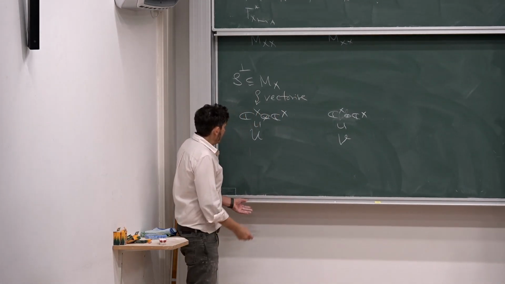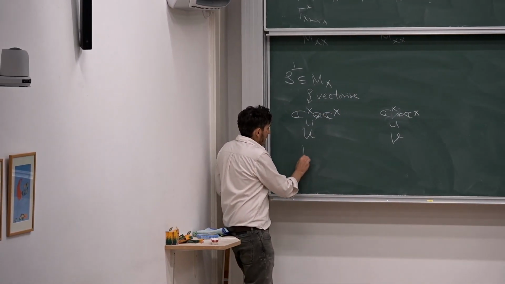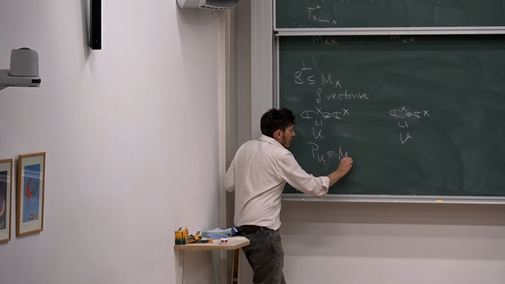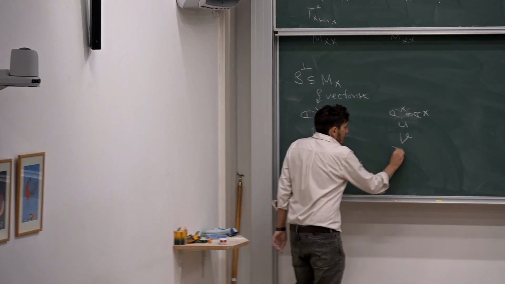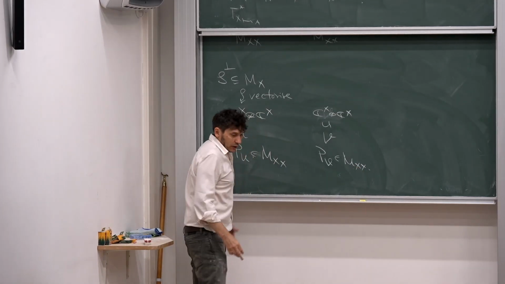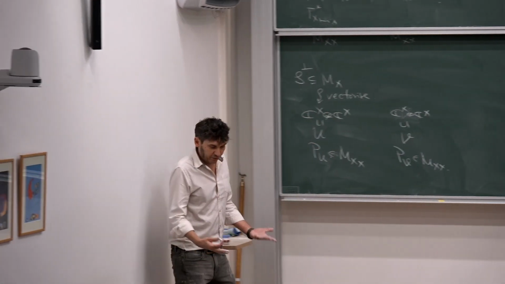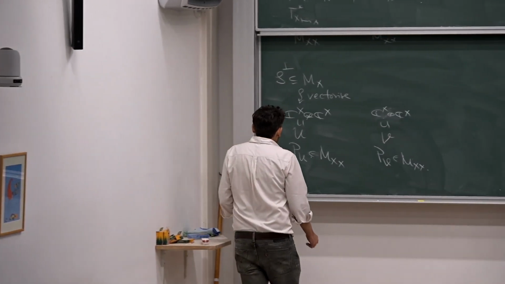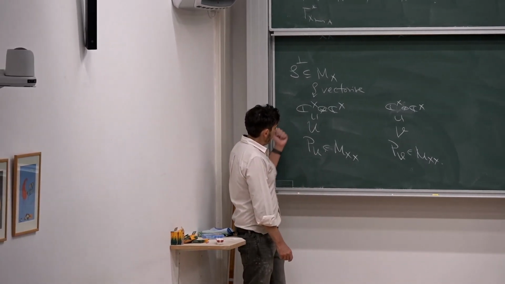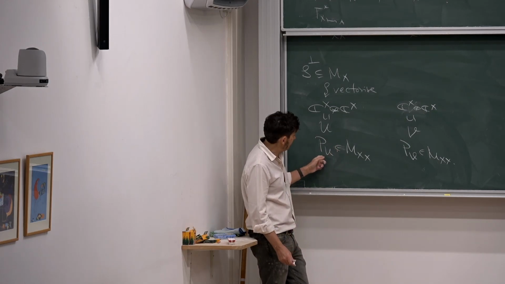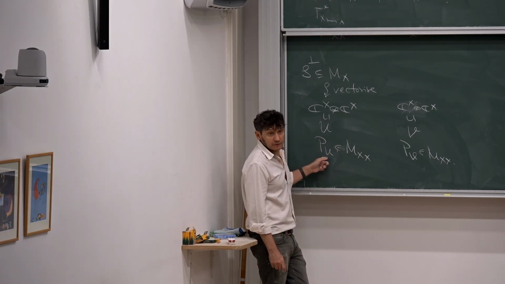Now you can talk about the projection onto this space, P sub U, a projection in XX. Here you have P sub V, a projection in XX. And now you can play this game. You have Alice and Bob. They are given states, the two parts of a maybe entangled state that is supported on this quantum graph.